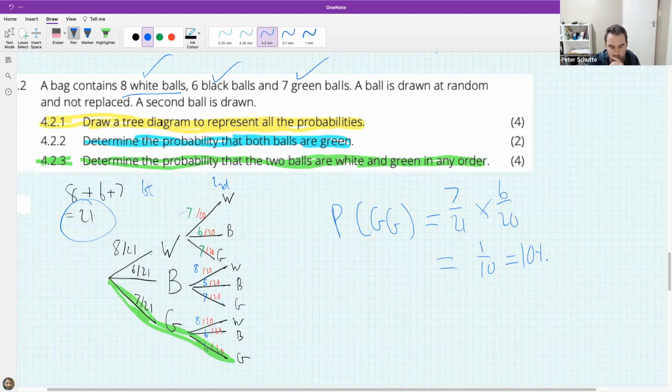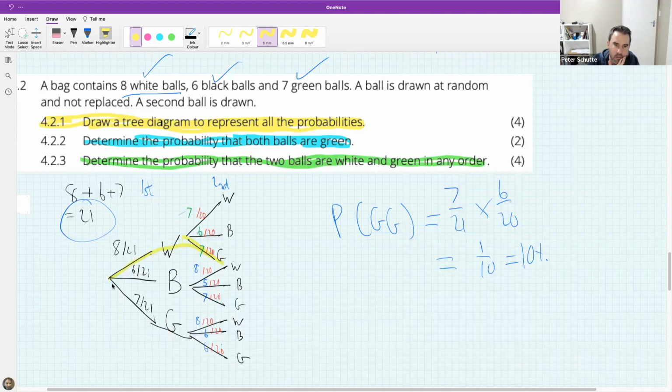So I guess I should make sure my pathways are correct. Oopsie daisy. White and green. White and green. Well, that could be white and green.